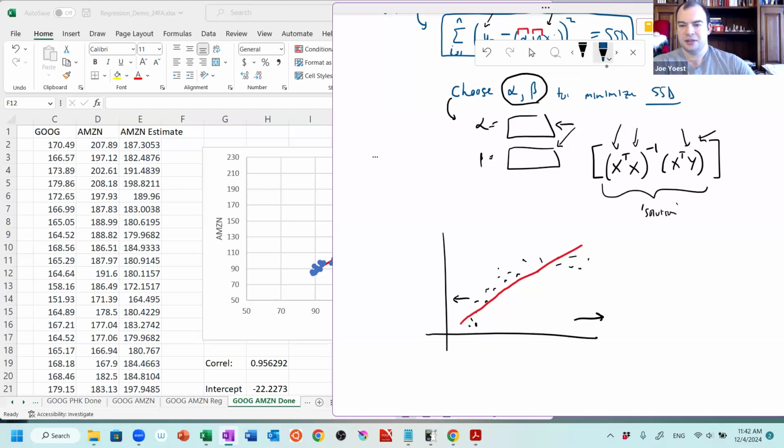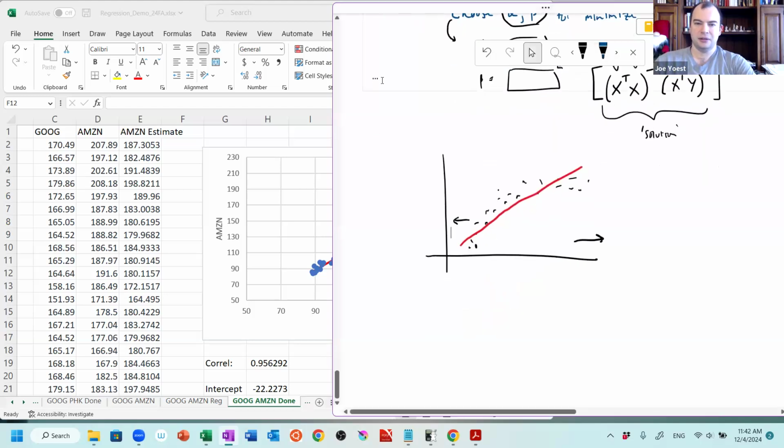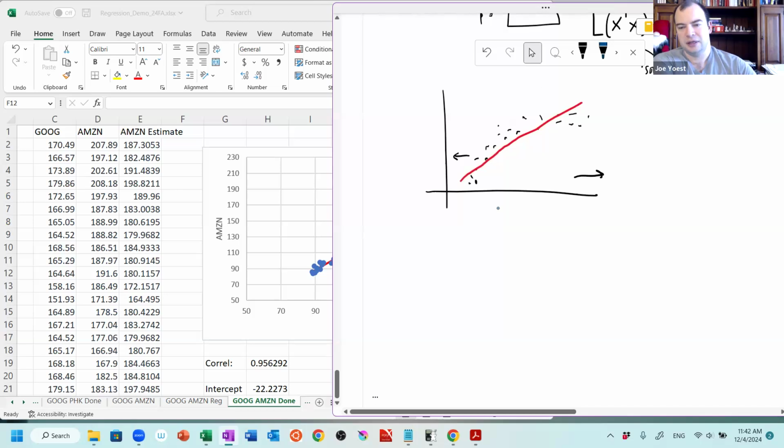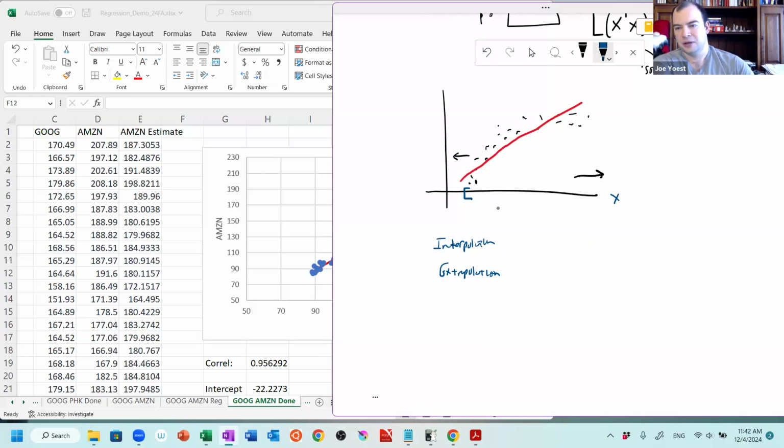As an aside, there are these ideas of interpolation and extrapolation. So if I consider the range of x's where I actually have data, so this is the range of x's between x min and x max.